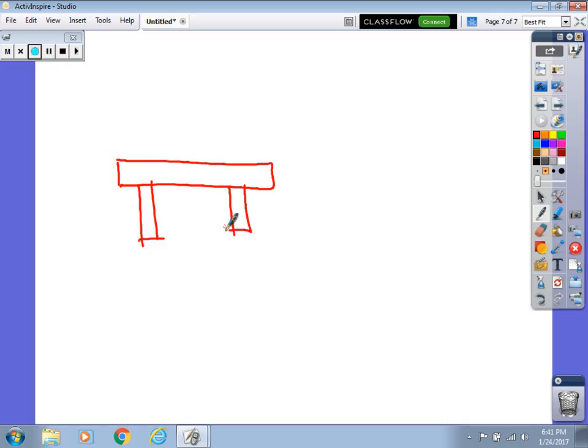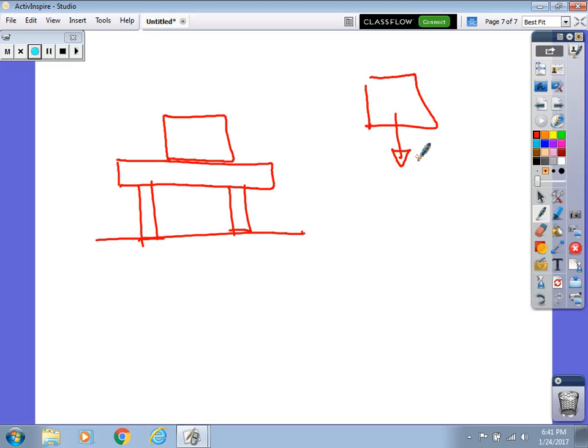Here's a table, right? On the ground. And somebody puts a box on the table. And the question always comes up, what are the action-reaction pairs for this particular example? And everybody says, oh, that's easy. It's the weight, and it's the normal force, the push of the table, the surface on the box.